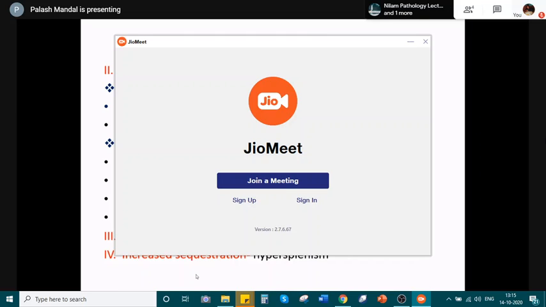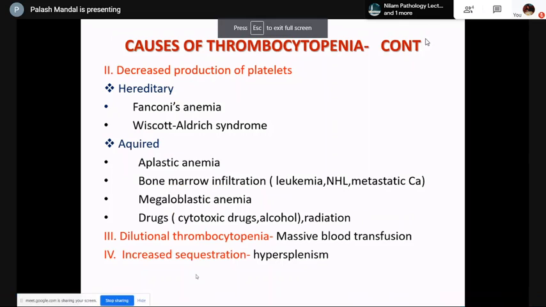In short, they are known as chemotherapeutic drugs, and they cause decreased production of platelets. The others are alcohol and radiation. Radiation is also related to treatment of malignancy. So these are the drugs.